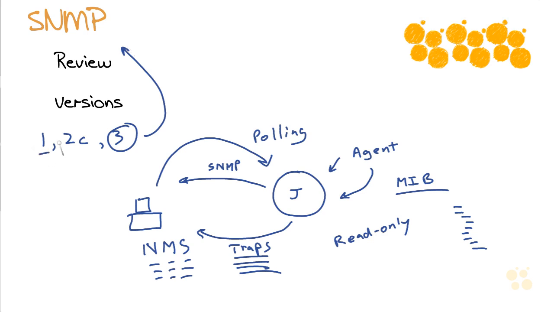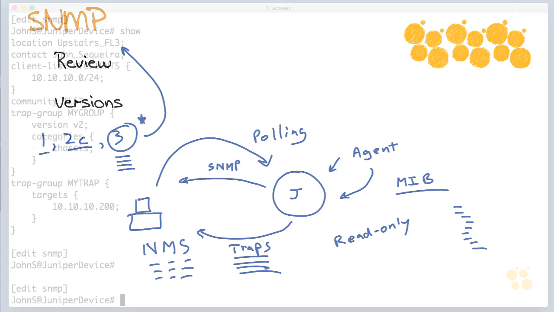Because version 1 had no passwording, version 2 used a clear text community string, and the problem there is, of course, it's clear text, so it's almost worthless. And then finally, version 3 brings sophisticated authentication and integrity checking and authorization. So sure enough, the Juniper device supports all possible versions of Simple Network Management Protocol, but we would certainly target version 3 in a production environment.